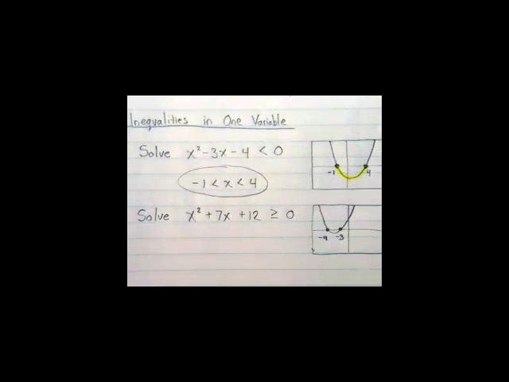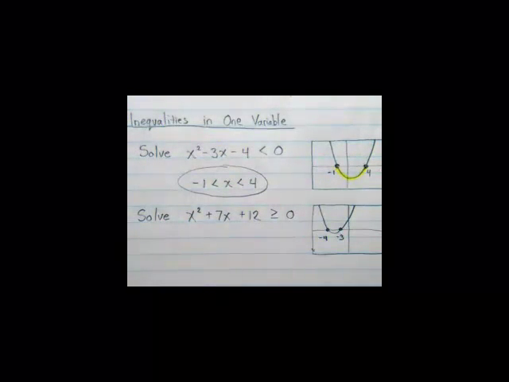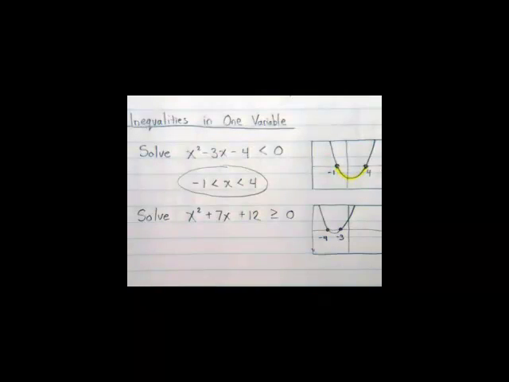Okay, so this time, I want to know where that thing is greater than 0. Actually, greater than or equal to 0. So the parts that are greater than would be above the x-axis, right? See how that's changed? The inequality symbol switched. It was less than, hence below.